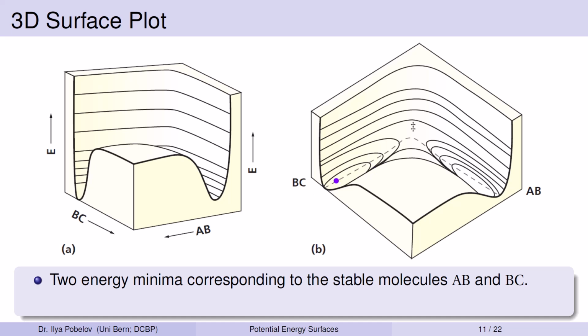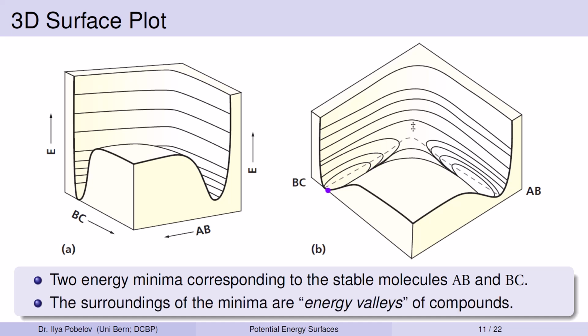We can see that the states surrounding such a minimum correspond to a stable chemical compound, because small deviations from the equilibrium configuration lead to an increase in the potential energy and force the system to return to the equilibrium state. The surroundings of the minima are sometimes referred to as energy valleys of respective compounds.